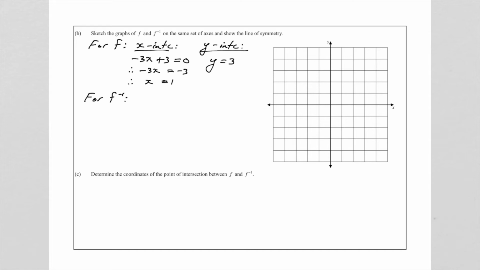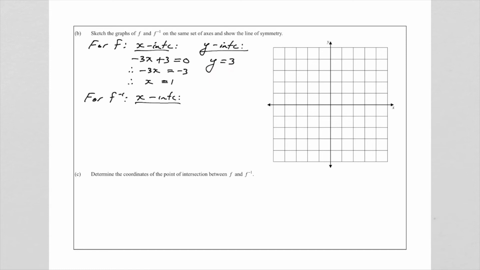That means the x-intercept becomes the y-intercept in the inverse, and the y-intercept becomes the x-intercept. So if I want the x-intercept of the inverse, that will be the same as the y-intercept of the function.